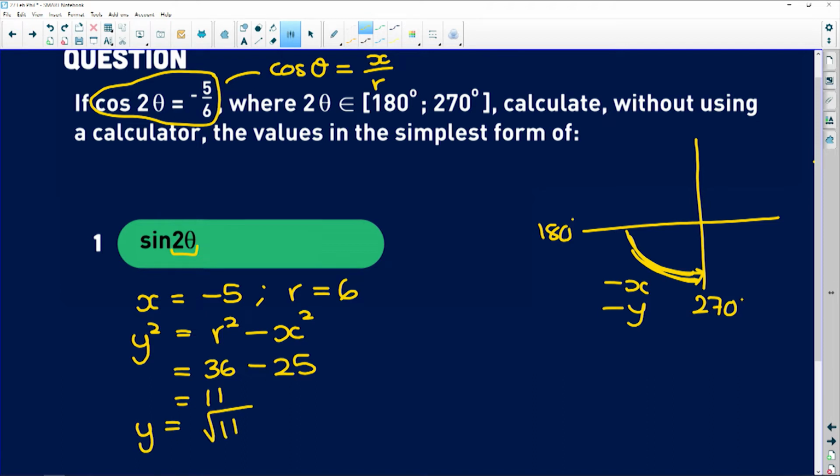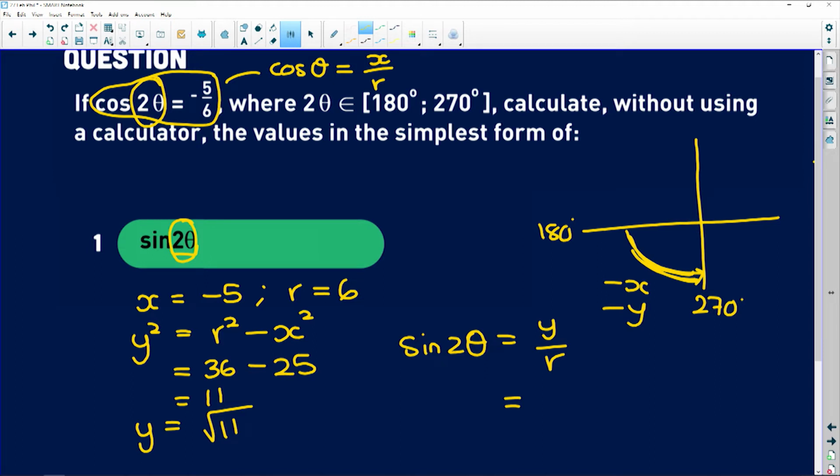So we've got all of our important values, x, r, and y. Sine of 2 theta, because we're dealing with the same angle, we can use the same values. So sine of an angle is equal to y over r. Okay, we have found our y. It is the square root of 11.